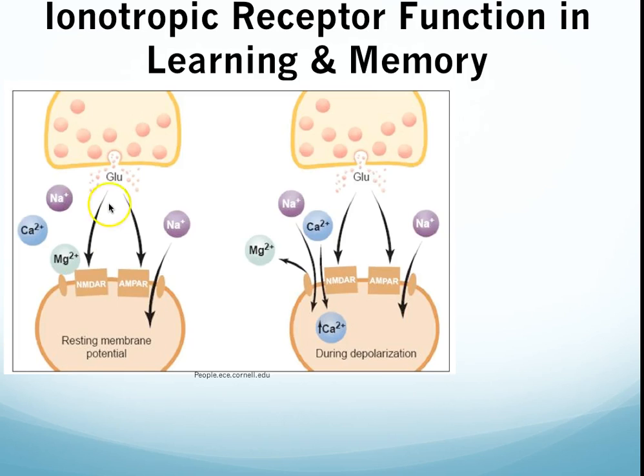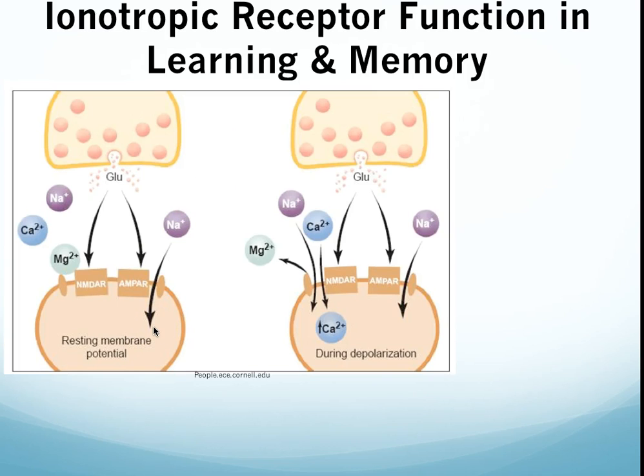So what happens with this cell is that when glutamate binds to the AMPA receptor, it causes the channel to open and it lets in sodium. Now, as sodium continues to pass into the cell, these ions make the cell more positive.